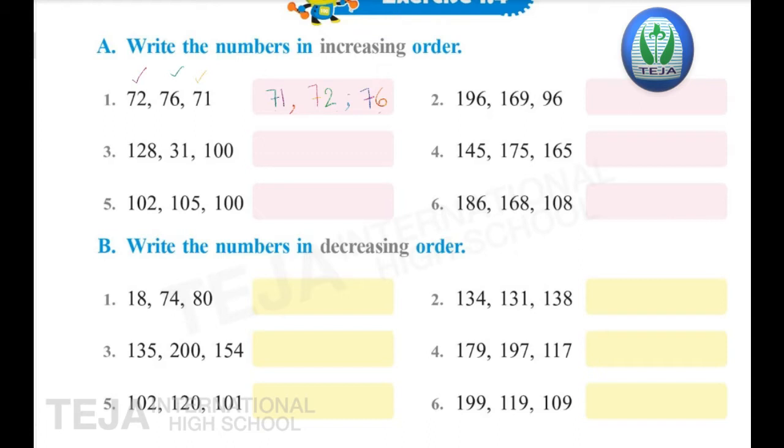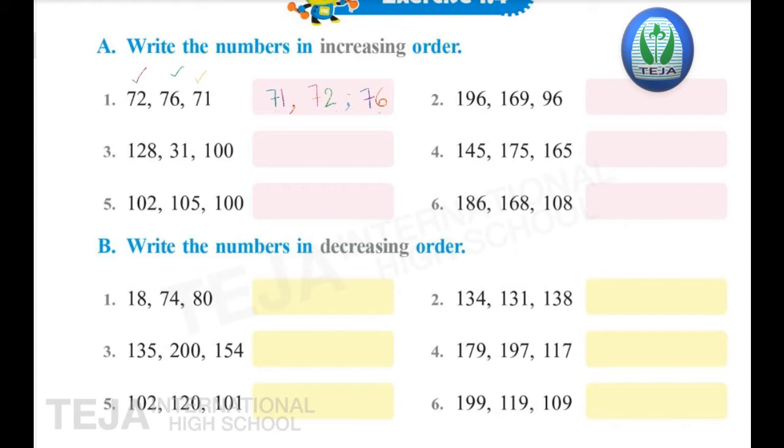So this arranging the numbers from smaller to bigger numbers is called increasing order. We can call this ascending order. You can call this arranging the numbers from smaller to bigger as increasing order or ascending order.